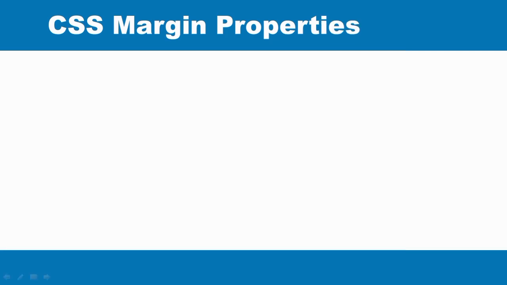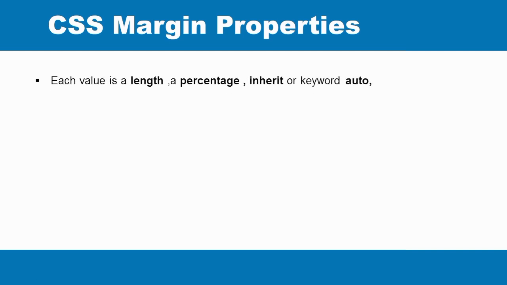All margin properties have several values. So the margin property can have a length value, percentage, inherit, and also the keyword auto.